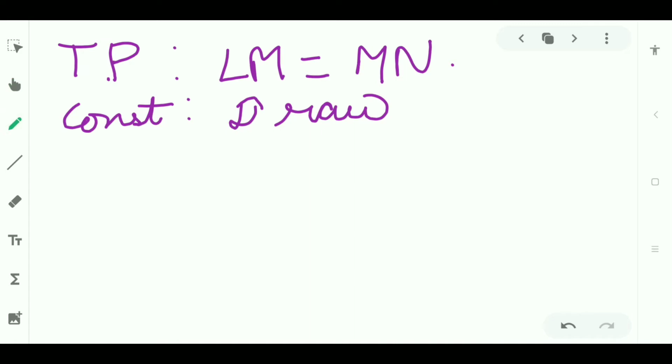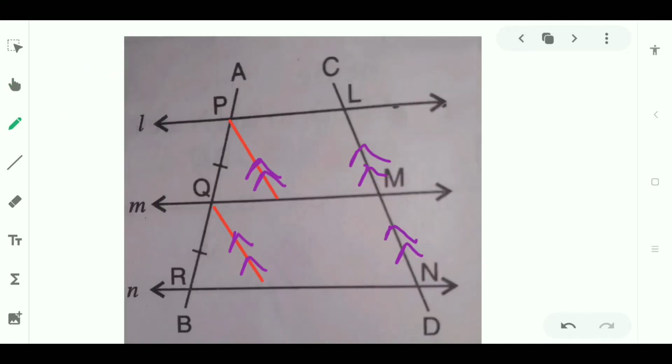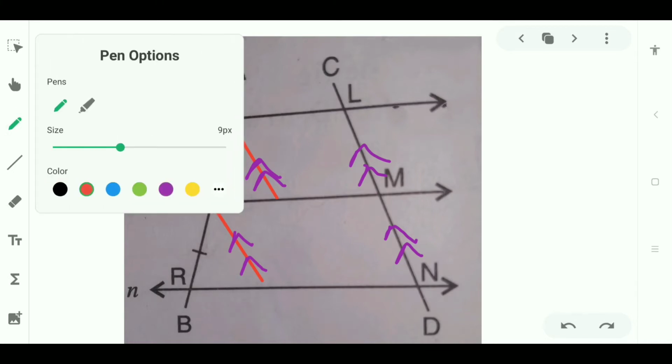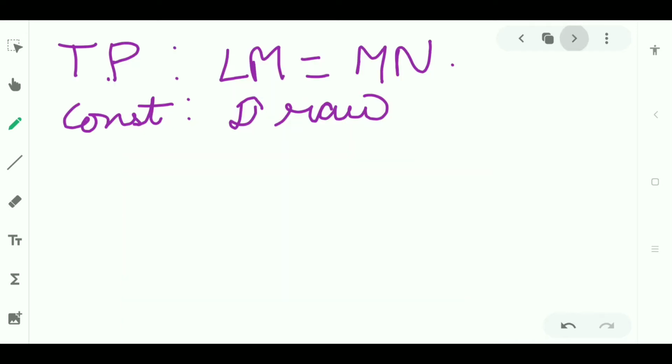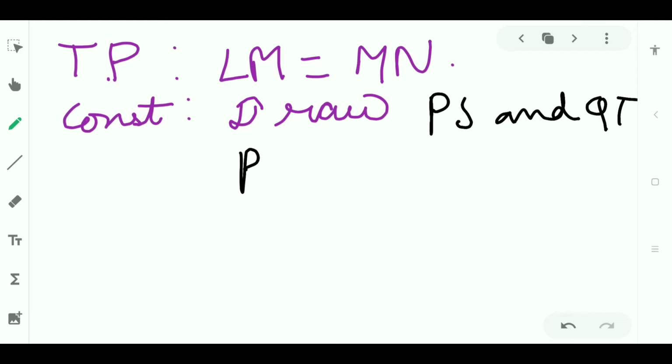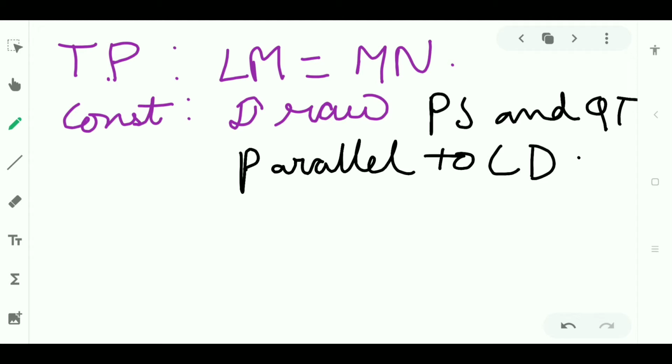Construction: let us name these points S and T. Draw PS and QT parallel to CD.